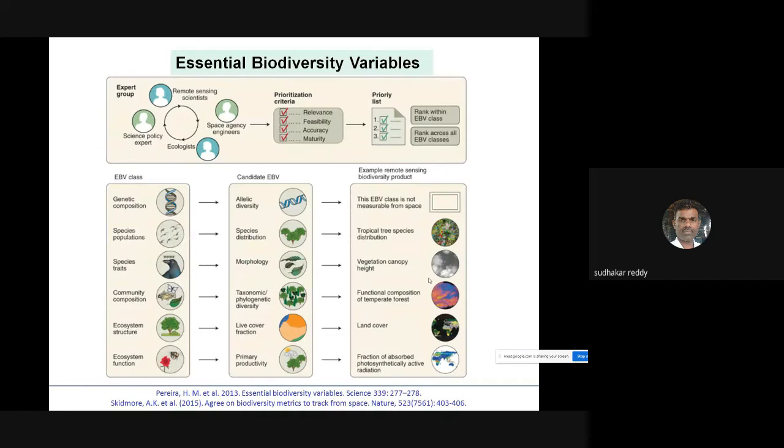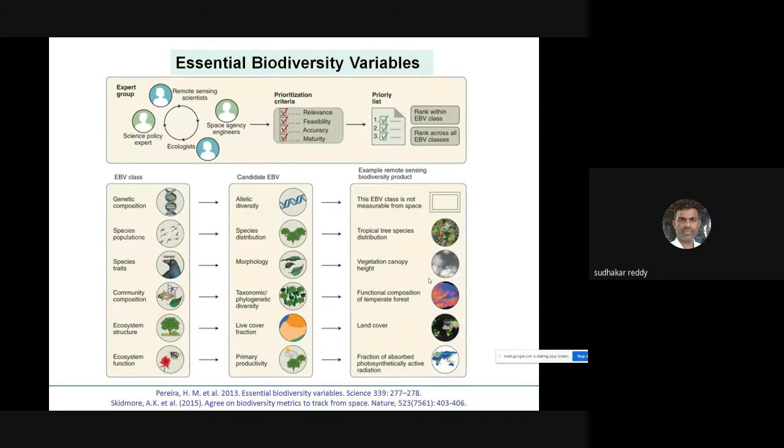They have identified six essential biodiversity variable classes based on the relevance, feasibility, accuracy, and maturity of remote sensing based technology. The classes identified are genetic composition, species populations, species traits, community composition, ecosystem structure, and ecosystem function.